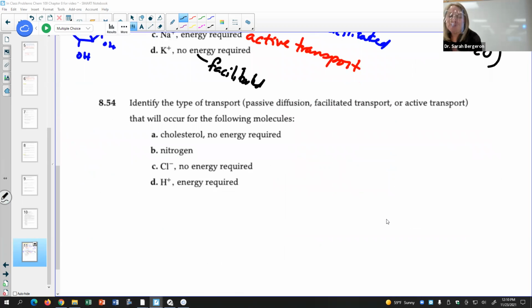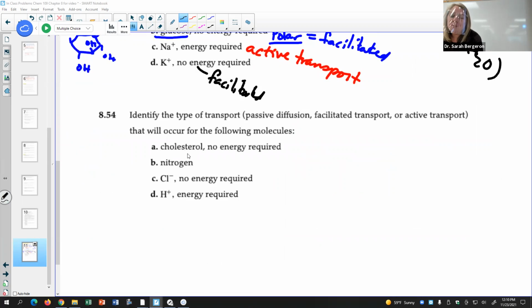Okay, thank you for trying on chat. I'm going to keep my chat up. All right, cholesterol, no energy required. So remember, cholesterol had one end that was kind of polar and the other end that was lots of carbons and hydrogens, so it was very non-polar. Because it has that one polar end, it's not going to go all by itself.